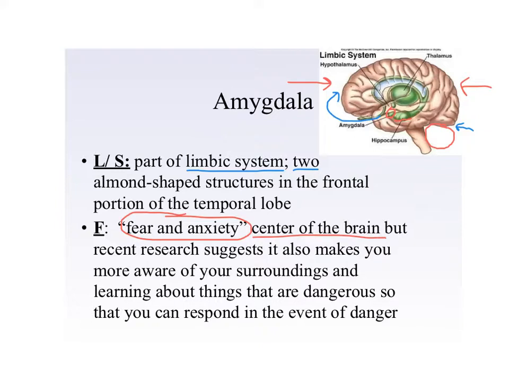Research suggests it also makes you more aware of your surroundings and helps you avoid things that are dangerous. So it's the real primitive part of your brain, like your instincts, like, whoa, something is wrong here. That's basically what the amygdala does, helps you respond in the event of danger.